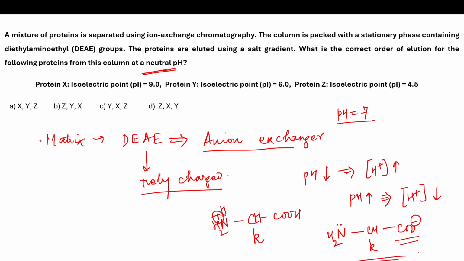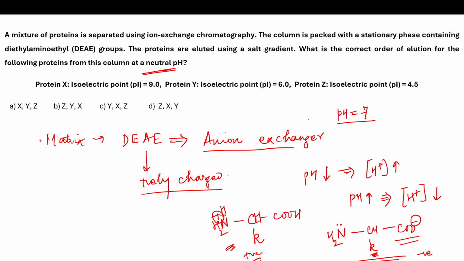Overall the charge is negative, though it definitely depends on the R group, but in general the charge is negative when the pH is higher. When the pH is low, the H plus concentration is higher, and there's a net positive charge on the amino acid.